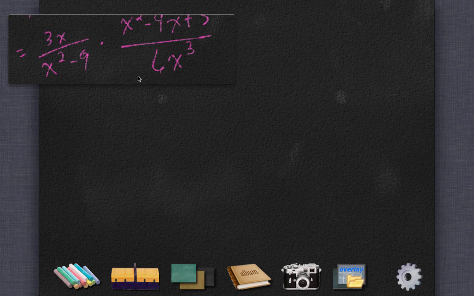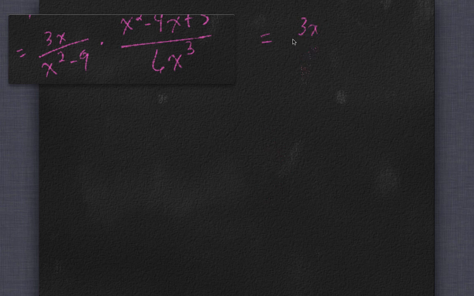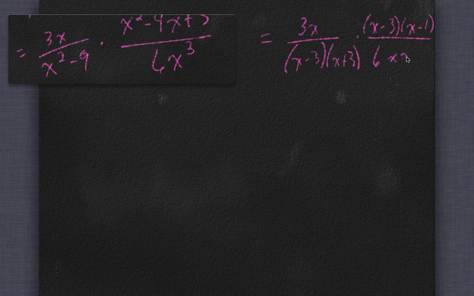Now I'm going to simplify. So 3x, x minus 3, x plus 3 times. And up here I have x minus 3, x minus 1, 6, x. Oh, sorry, this should have been 2 times 3.